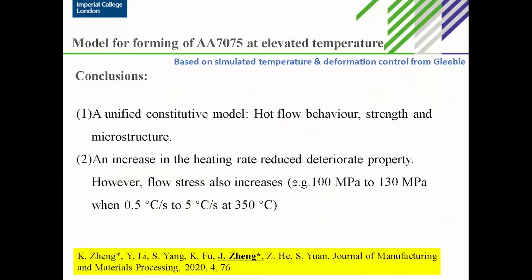So based on such a constitutive equation and the calibration of the model, now we give the conclusion. Basically, with the simulated temperature and deformation control from Gleeble, firstly, we built a constitutive model which is able to describe the hot flow behavior, the stress evolution, and the microstructure evolution.